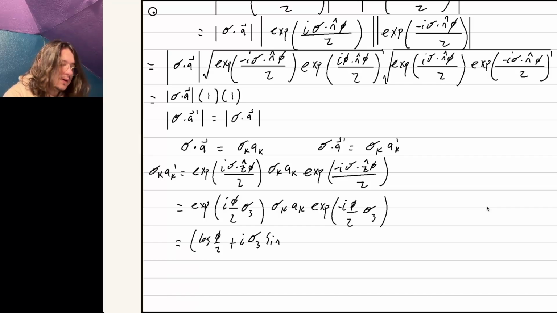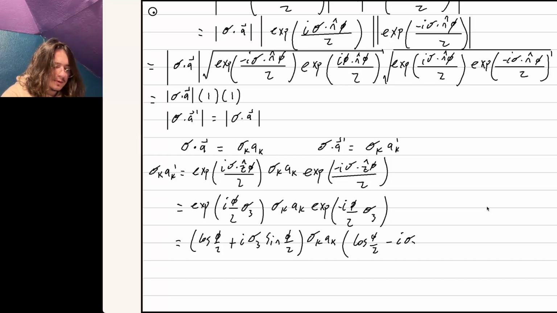So that's sine phi over 2 sigma k ak, times, Euler identity that, minus i sigma 3 sine phi over 2.